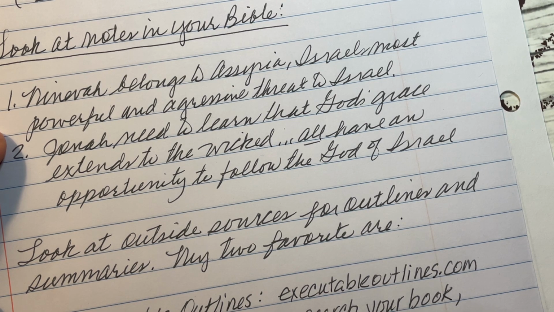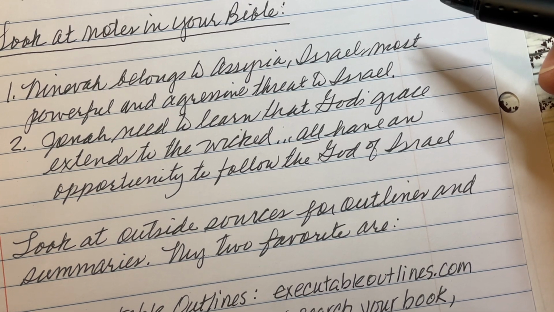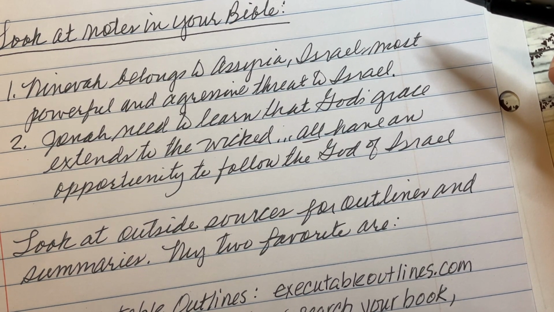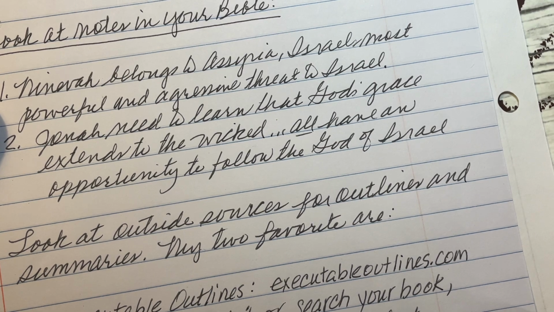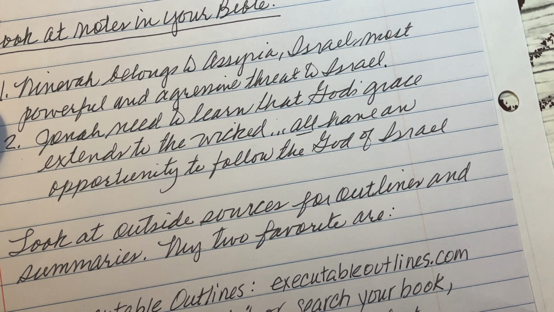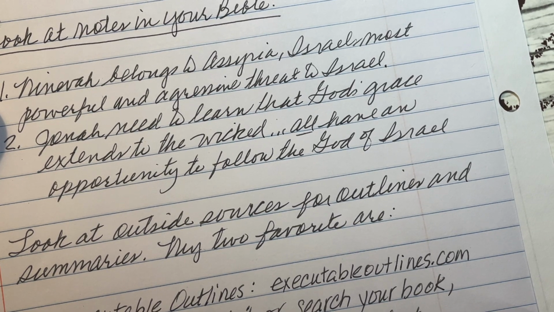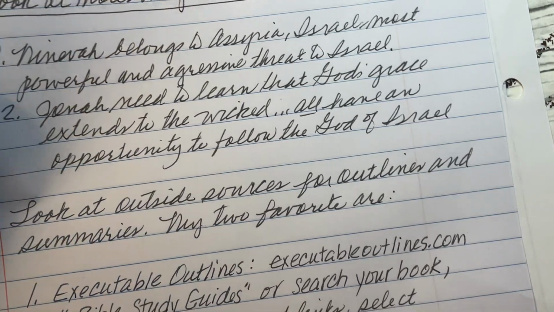They were Israel's worst enemy. And I meant to look it up, but I have heard that the things that went on in Nineveh during that time were outrageously evil and terrible. So that could be why he hesitated. It could have been fear, and he could have hated them severely. So we'll see about that in the other chapters.